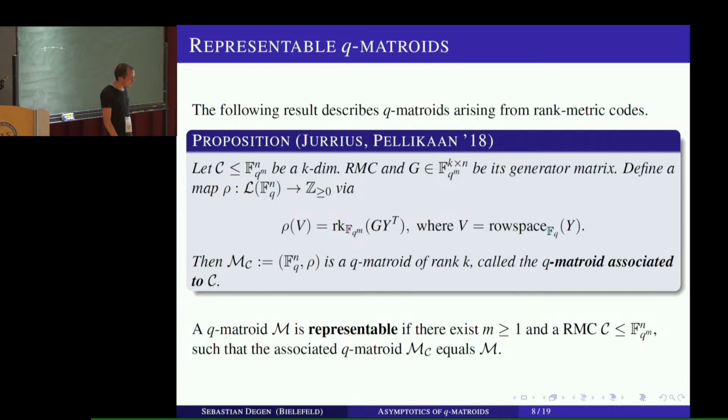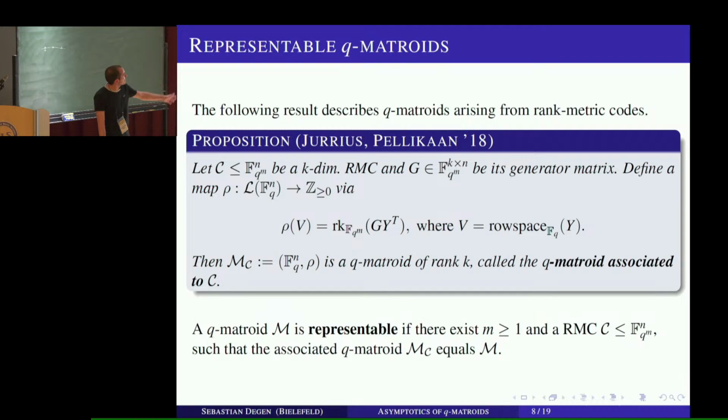It can be shown that it also satisfies the three rank axioms and therefore gives us a q-matroid of rank k, and the rank is k because our code C is of dimension k. We call this q-matroid the q-matroid associated to C.